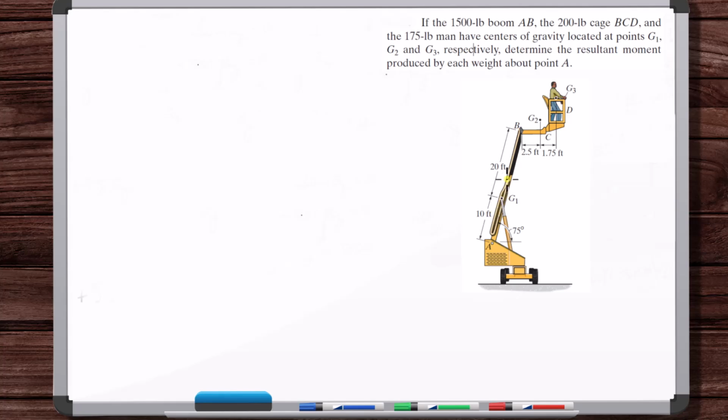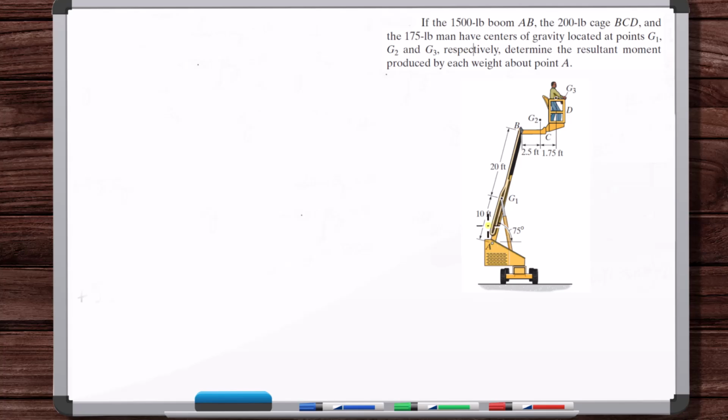And you can imagine that this boom here is 1,500 pounds, and you can put the weight at the center of gravity, G1, of the boom. What's the moment of the boom about this pivot point? It's the tendency of the weight of the boom to cause rotation about this point.